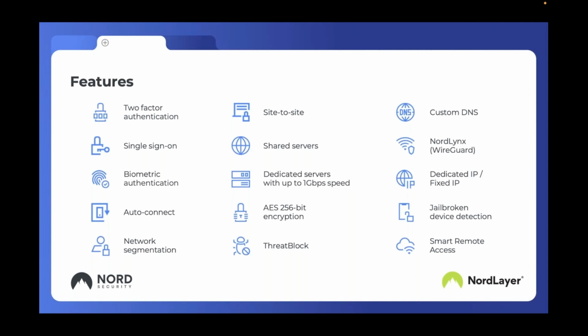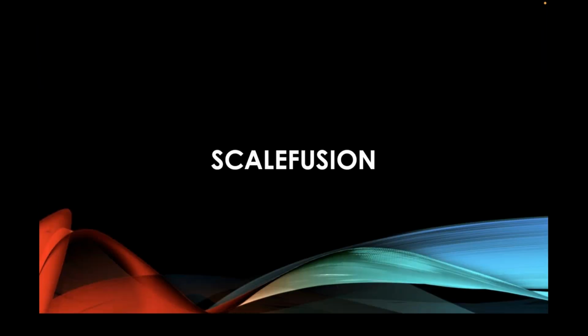For mobile devices, we can block jailbroken or rooted devices, to safeguard your network from those BYOD devices. So NordSecurity is very simple and easy to use, but does provide quite a broad aspect of security.